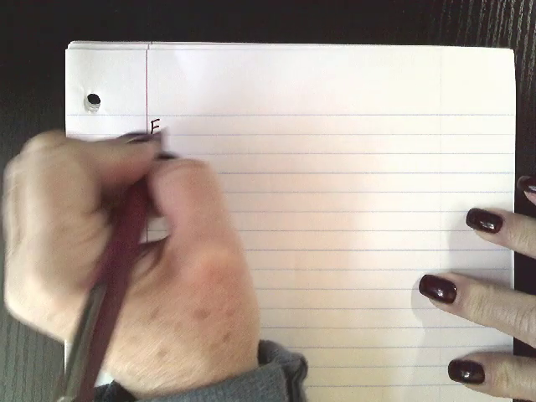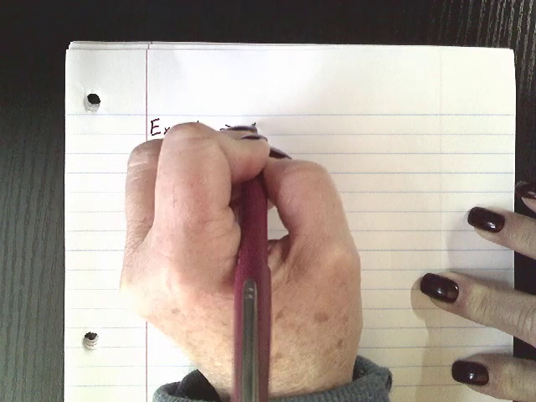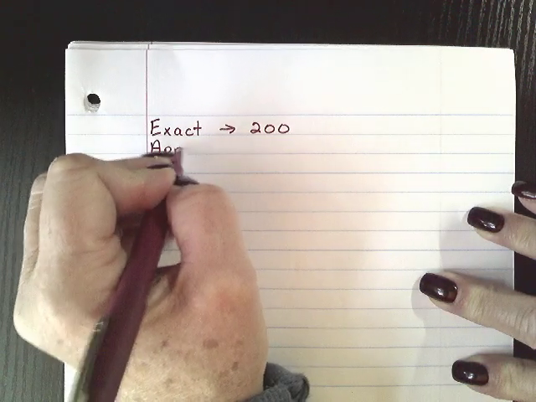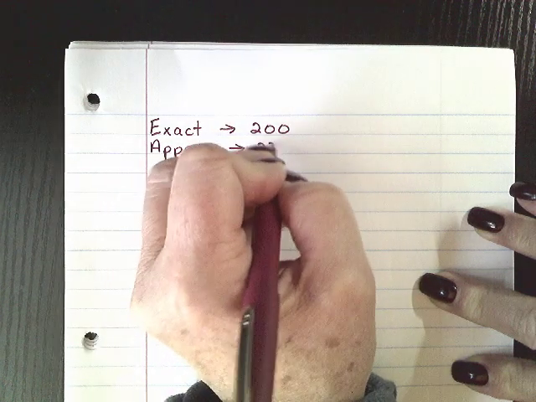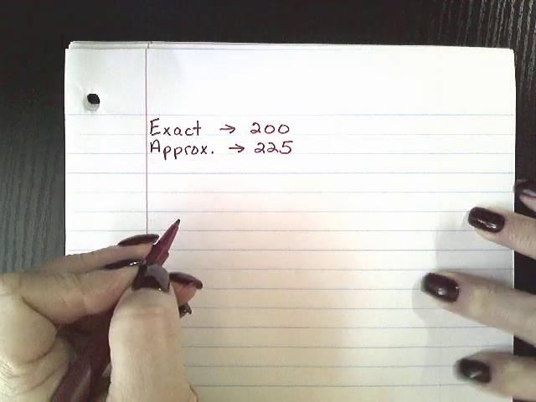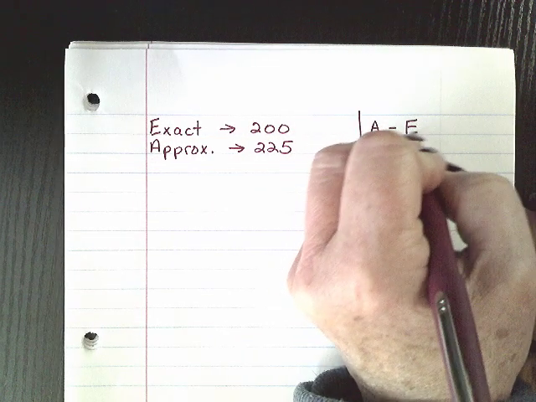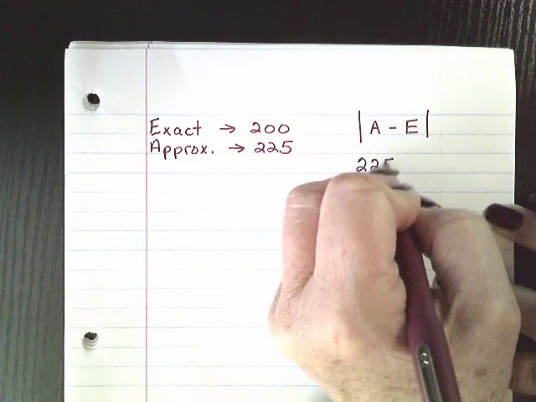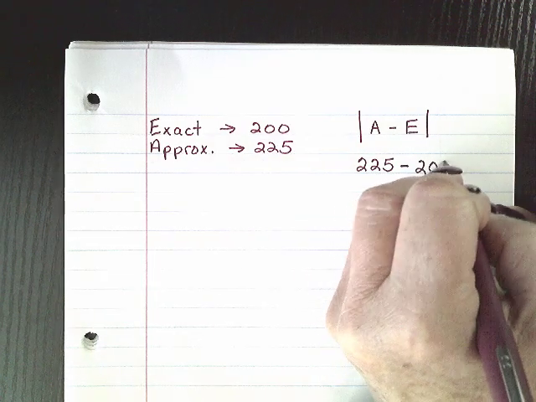Okay, we have an exact, which would be 200. And we have our approximate, which is going to be 225. So I'm going to take my approximate minus my exact. So my approximate is 225 minus my exact, which is 200.